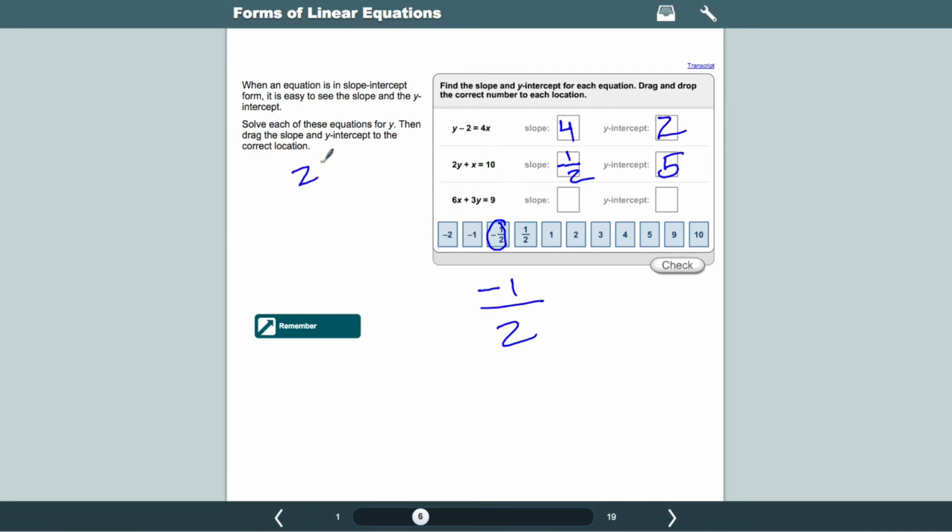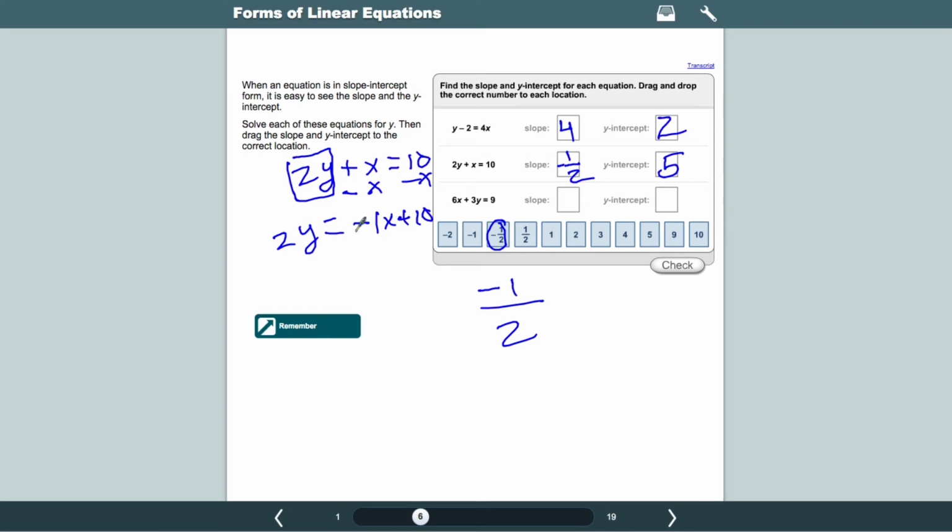We have 2y plus x equals 10. I'm solving for y. So everything outside the box is plus or minus. To get rid of this x, I have to minus x. And I got 2y equals negative 1x. And I'm just going to put the 1 there and make it easier. And then I still have my positive 10.